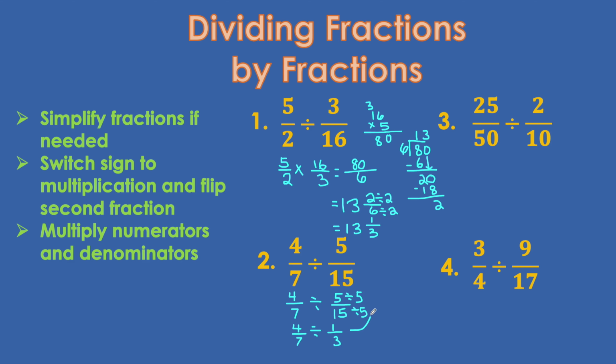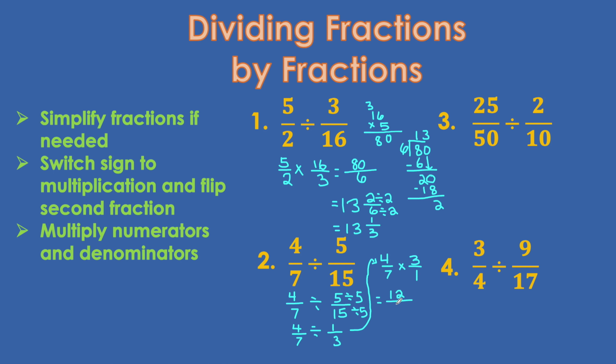This would equal 4/7 times, so we're switching the sign, then we flip the second fraction. So instead of 1/3, it's going to be 3/1. Last, multiply straight across numerators and denominators. Numerators have 4 times 3, which is 12.